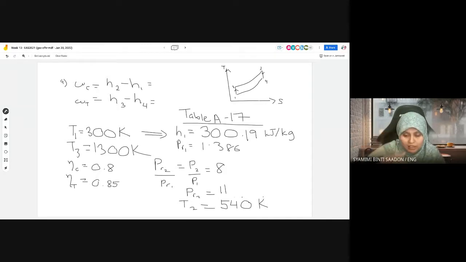The value PR 11 is at temperature 540 Kelvin. At the same level, at 540 Kelvin, we have H2, which is 544.35 kilojoule per kilogram.